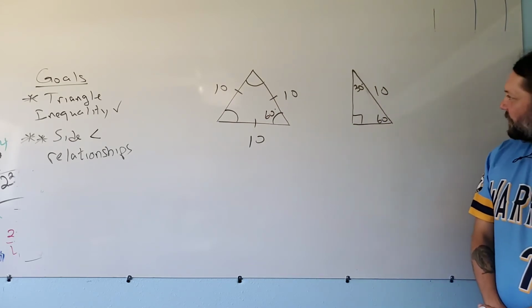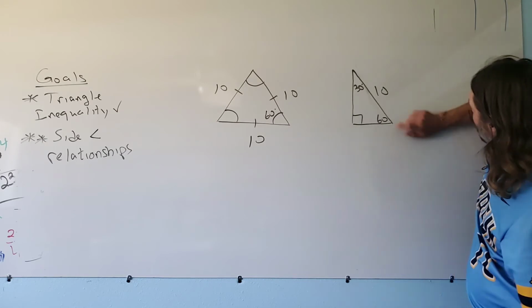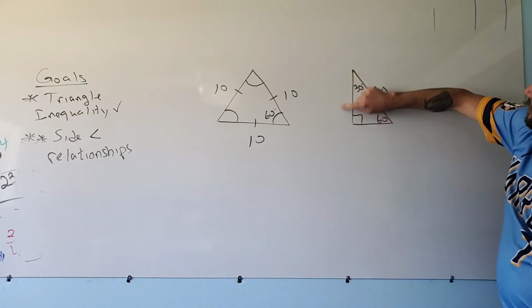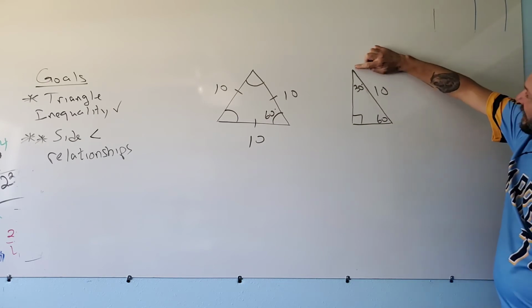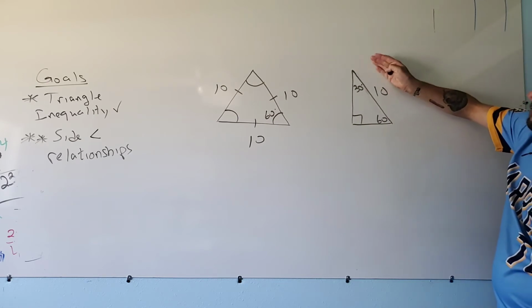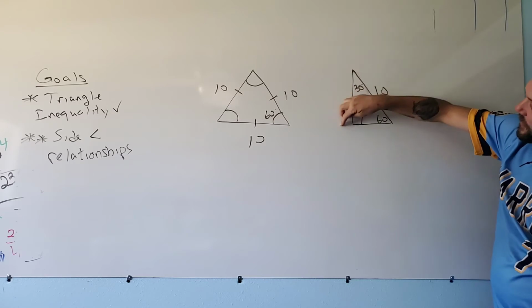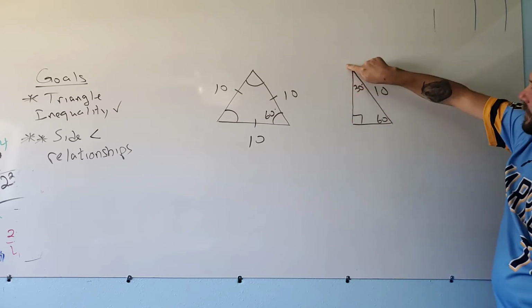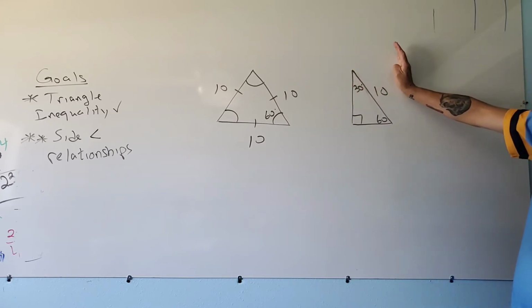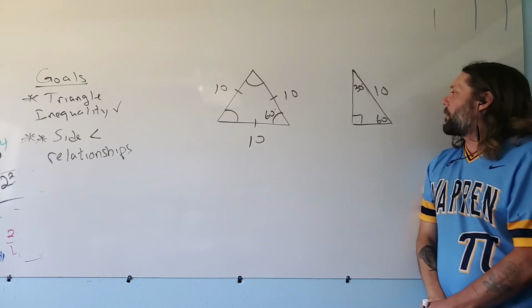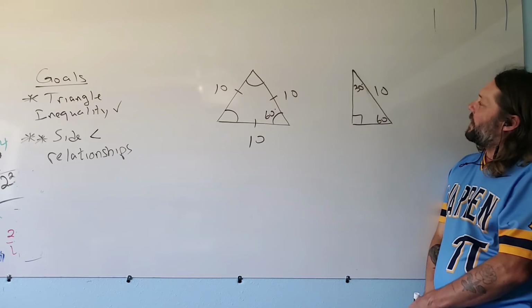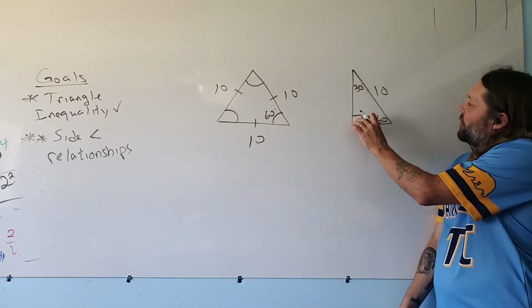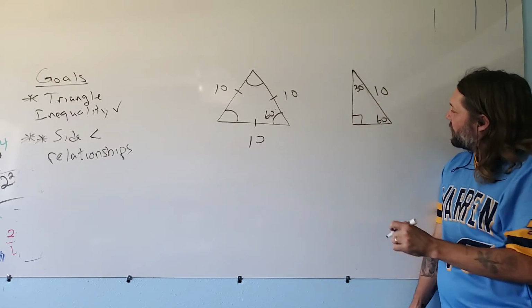And I can even reason that this side must be longer than this side, because this side at an angle is as tall as this side, which is standing straight up. If this side was to stand straight up, it would be much taller. Right? So I know right off the bat here that opposite the largest angle is the largest side.